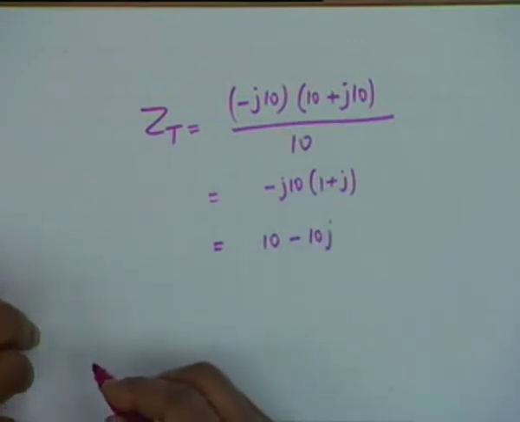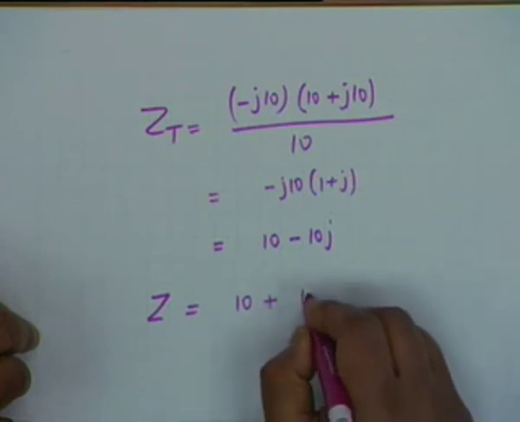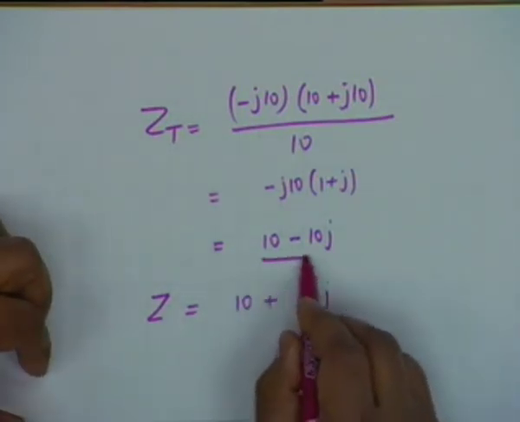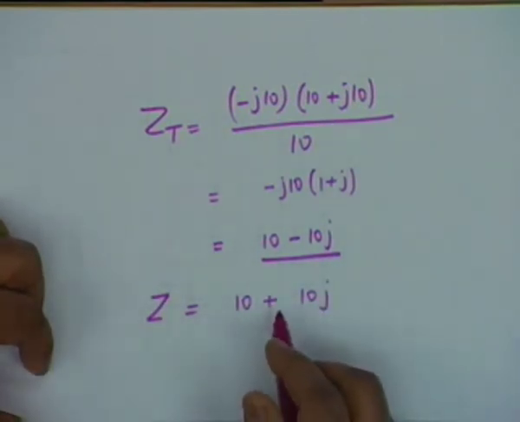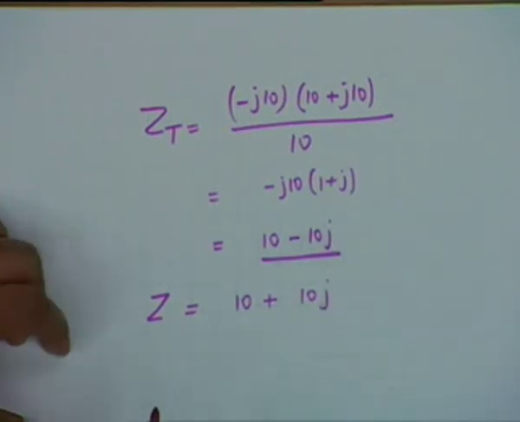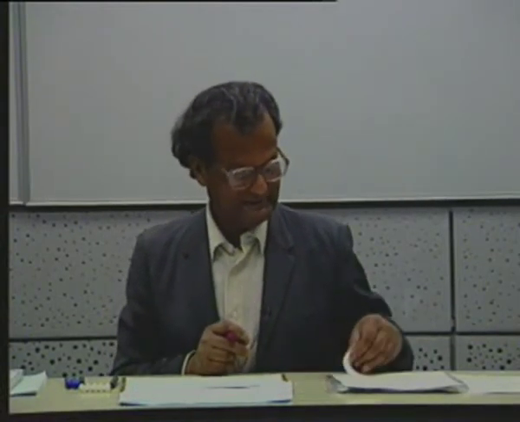Is that okay? Therefore, all that you need is Z should be equal to 10 plus 10j. In other words, the source is now capacitive because the reactance is negative, and therefore your load should be inductive, and they should match each other. The resistive components should be equal, the reactive components should be equal and opposite of each other.